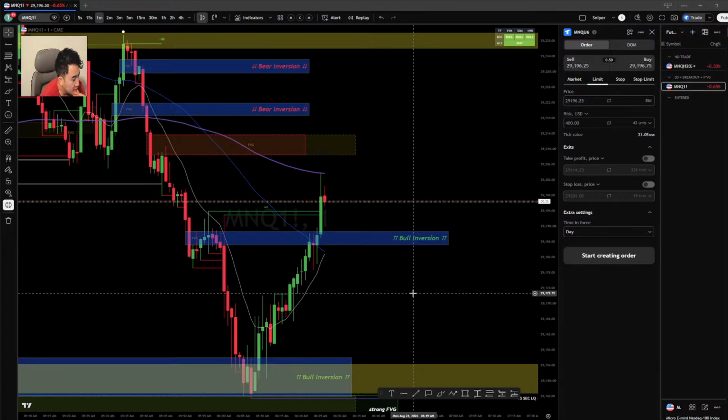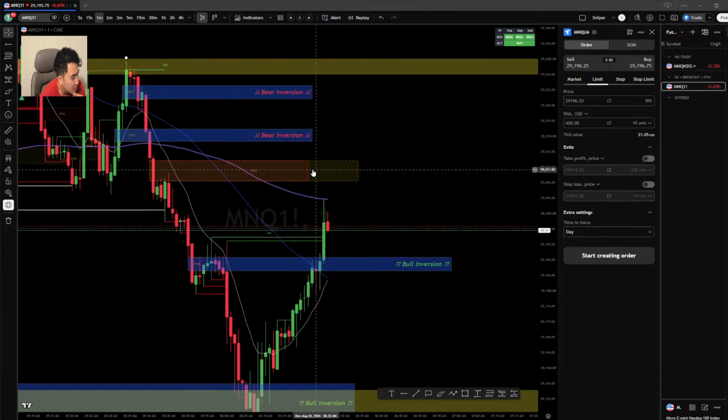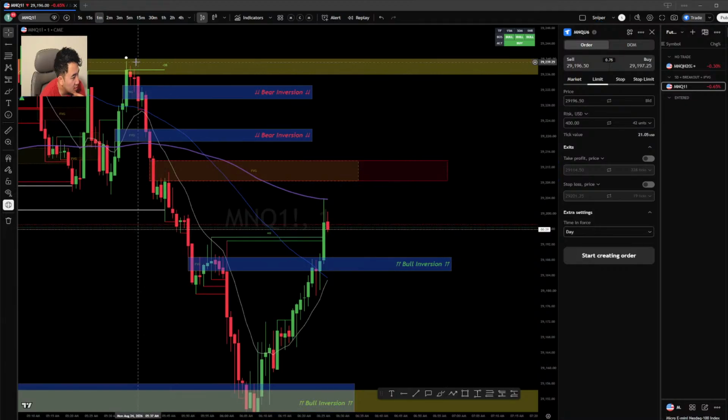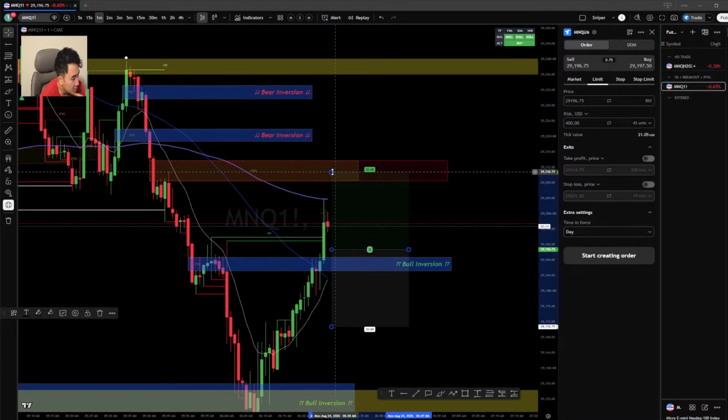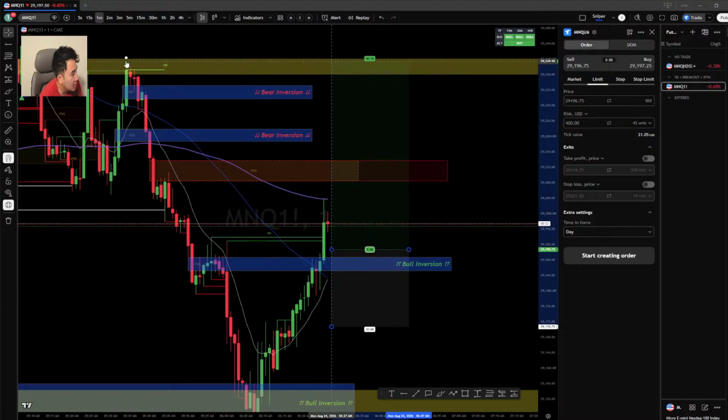All right, let's see if price could come back down and then we could trade off of it and then target this 1-minute liquidity up here. So I'll look for something like this and then target 1-minute liquidity up here.